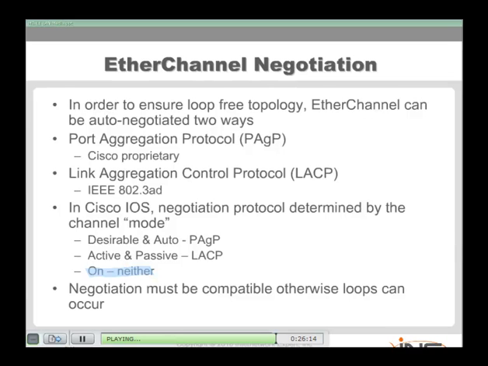The default technology, however, that's proprietary to Cisco and the default on most of their equipment is for the port aggregation protocol to be used. Port aggregation protocol makes it a bit easier to create your EtherChannels. You go over to one side of the bundle, one side of the link, and you set the mode to what's called desirable, the PAgP mode of desirable.